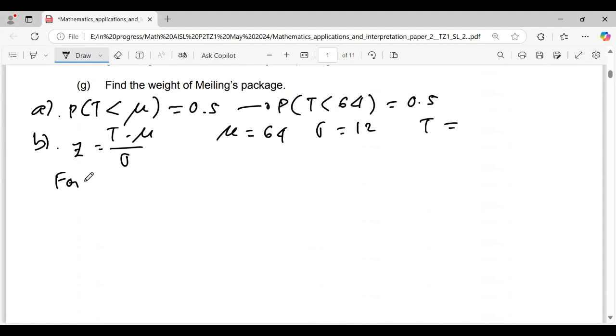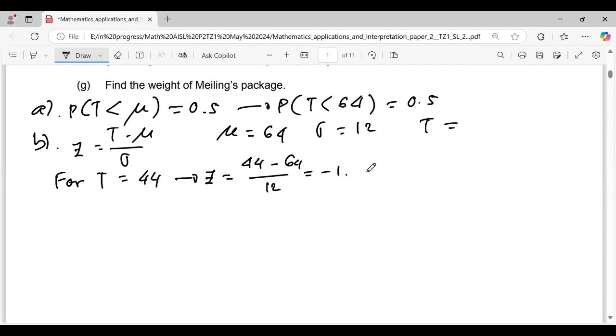If T equals 44, Z equals 44 minus 64 over 12.